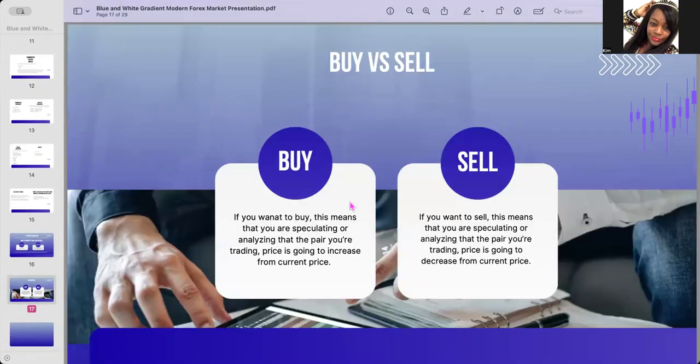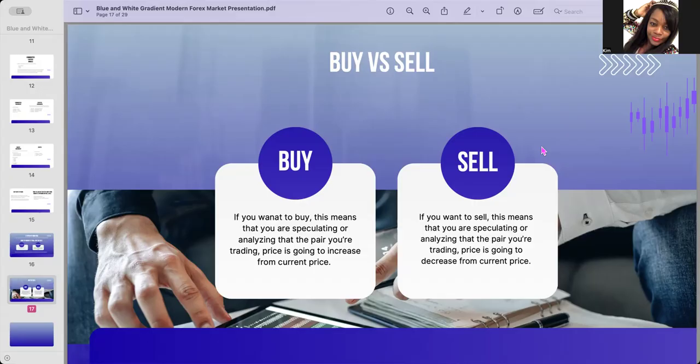All right. So, let's talk about buying versus selling. If you want to buy, that means you're expecting or speculating or analyzing that the pair you're trading is going to increase. So, buy is when price is going bullish. If you want to sell, that means you're expecting or analyzing that the pair you're trading is going to decrease.